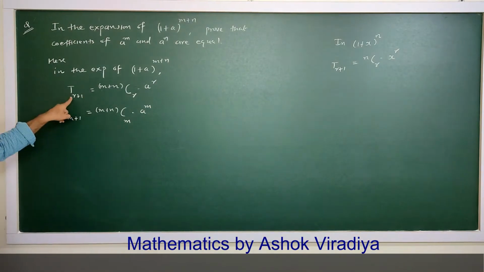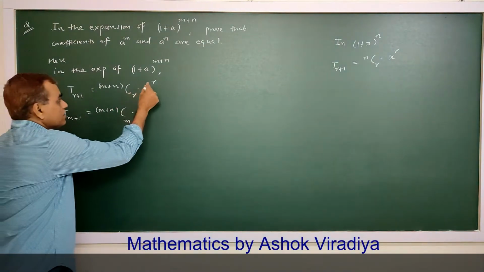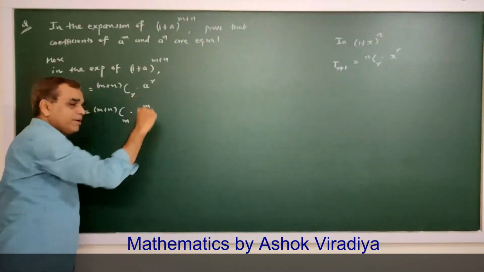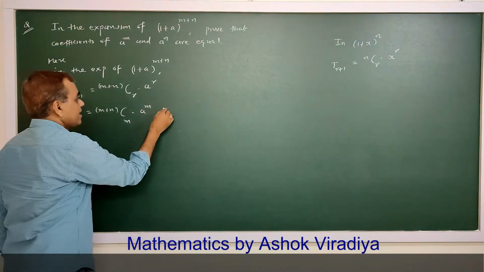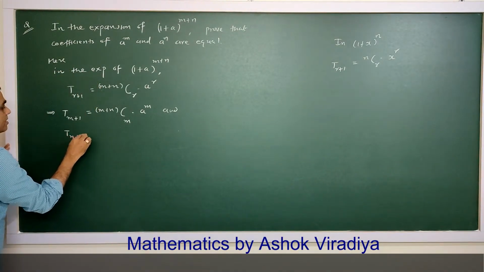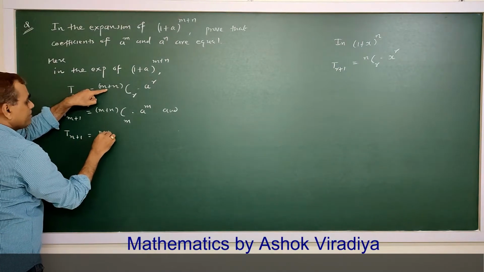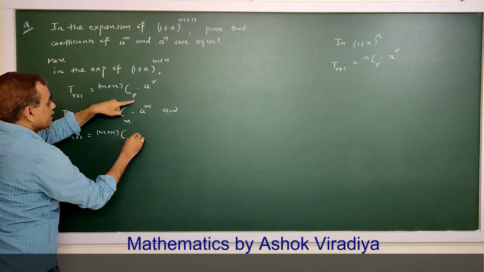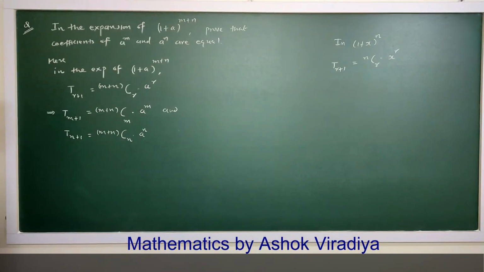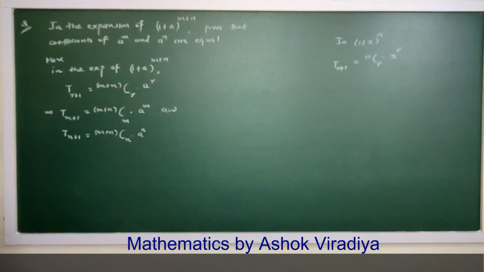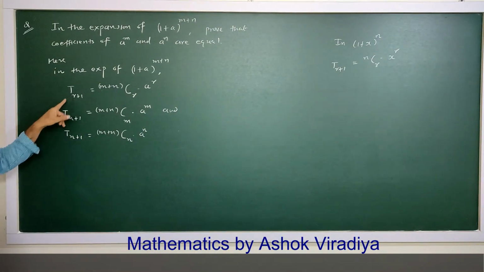What is done here? r is replaced by m, and now because here we want a raised to n, in this equation we replace r by n, and replacing r by n, we get m+n C n a raised to n. So here in this formula r is replaced by m and r is replaced by n.